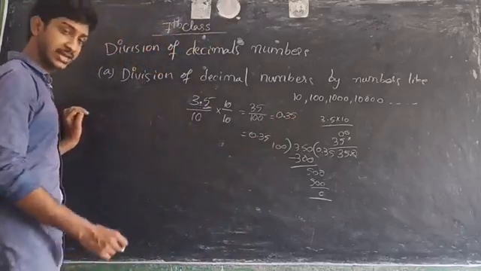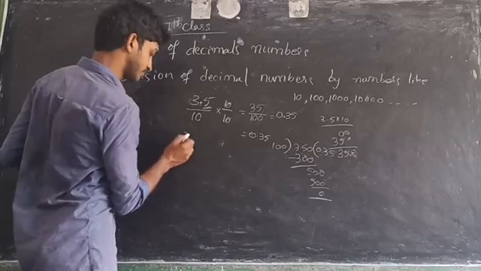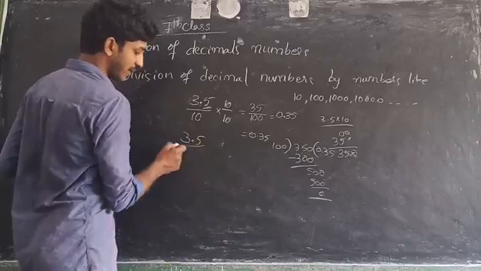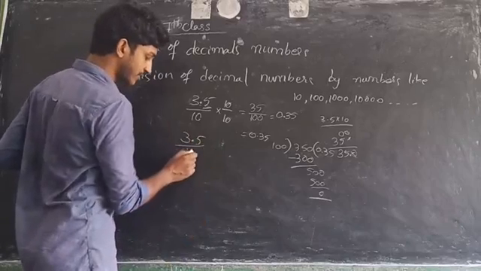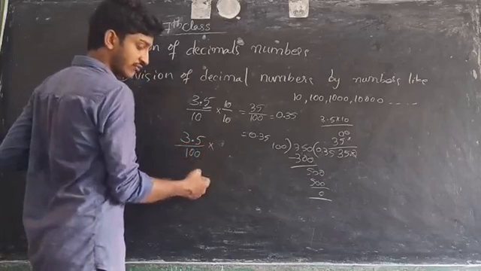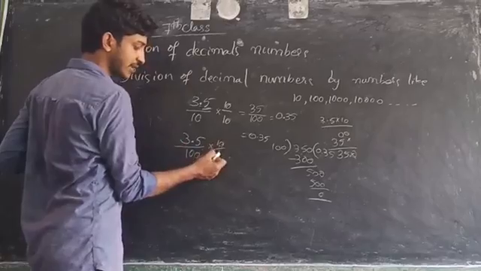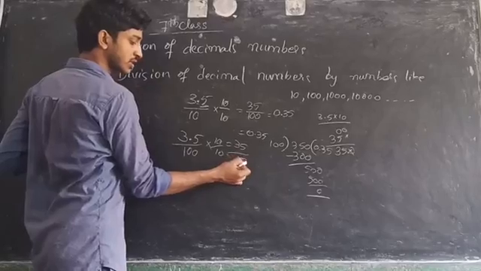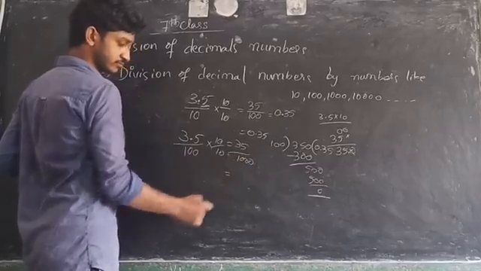Okay, children. See another example here. 3.5 divided by 100. After the decimal point we have only one digit. That's why I am multiplying by 10 over 10. So 35 by 100 into 10 is 1000.